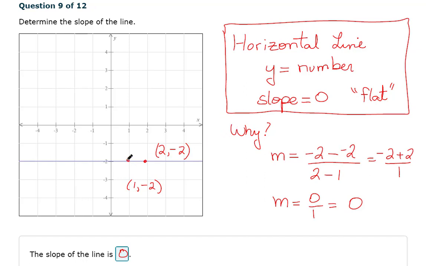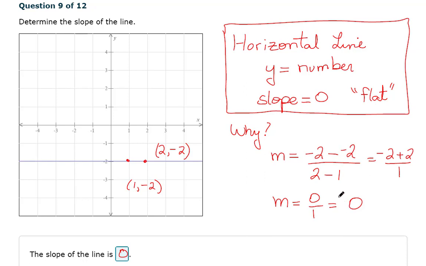Now I could pick 2 points and actually look at that. 1, -2 and 2, -2. So you can see, why is it 0? Well, because they are the same y. There's no up and down on the y. The top part is 0. 0 over 1 is 0.